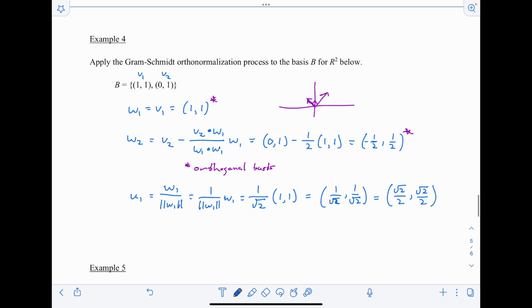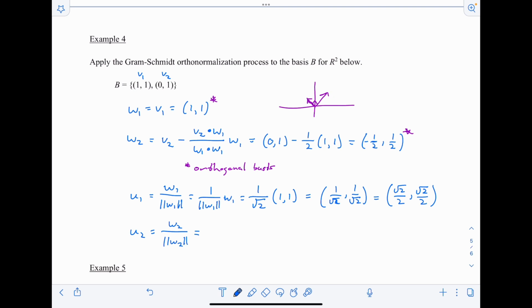And then U2, we're doing the same thing. We're going to take the vector W2 divided by the magnitude of W2.